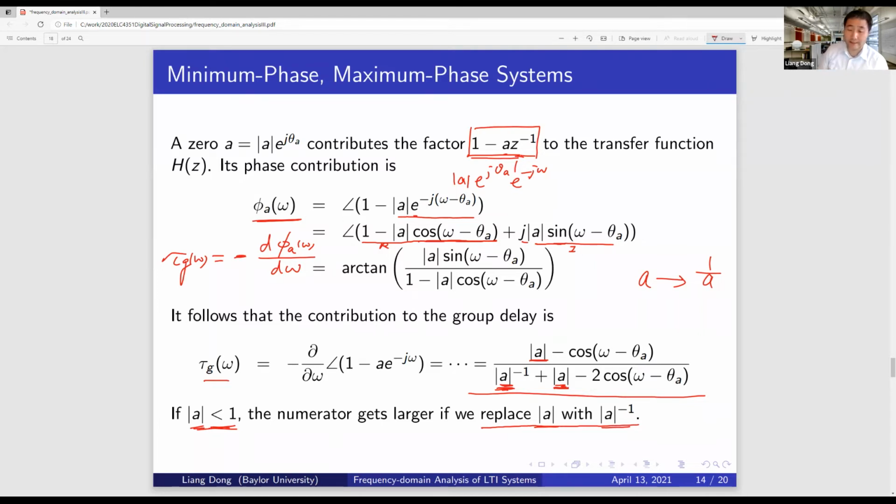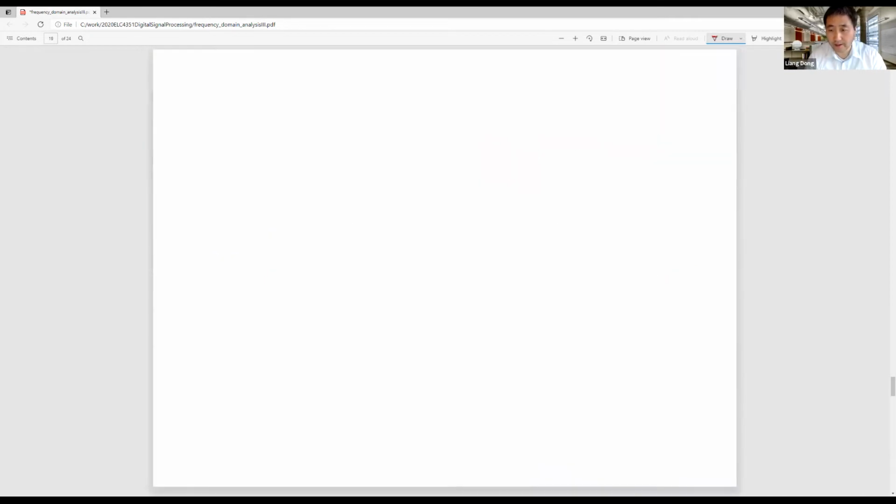That's why indeed if you take this zero from within the unit circle, take its reciprocal, moving it out of your unit circle, you expand the numerator and you expand the group delay. So that's a kind of mathematical proof of why, when we do that without changing anything about the amplitude, you move the zero to its reciprocal, from within the unit circle to outside the unit circle, you will increase group delay.